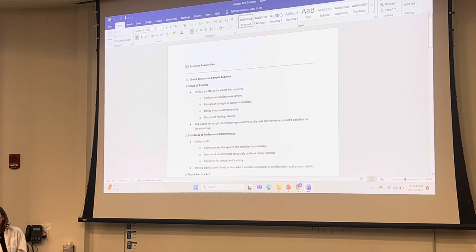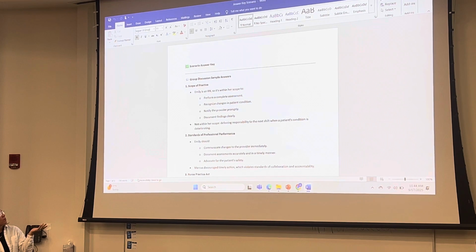She's an RN, so it's within her scope to complete an assessment. It's within her scope to perform that head-to-toe assessment so that they can collect the data. It's within her scope to recognize changes in the patient's condition. As a licensed nurse, it's part of my license that I can collect data and recognize changes in their condition.